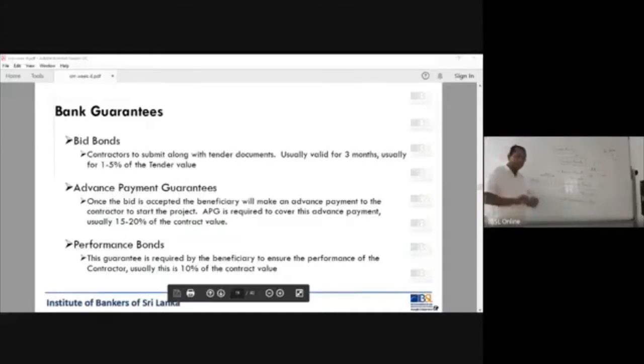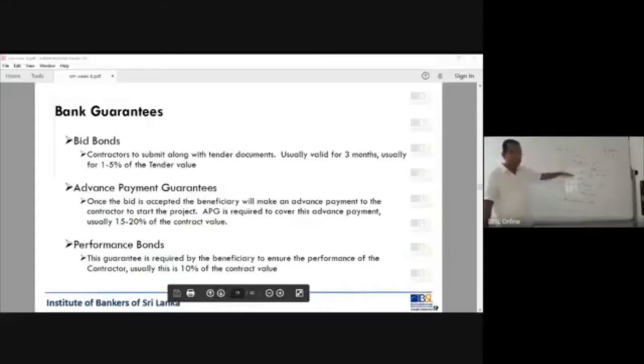If they don't maintain, we will pay you compensation of 10% or whatever the amount. For the tender, we say if the tender is awarded, he will accept.